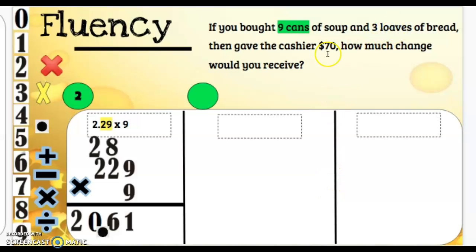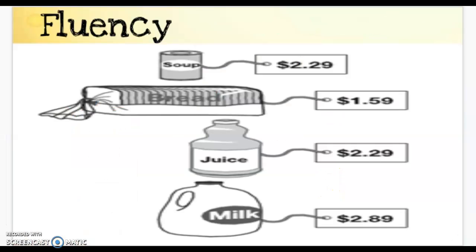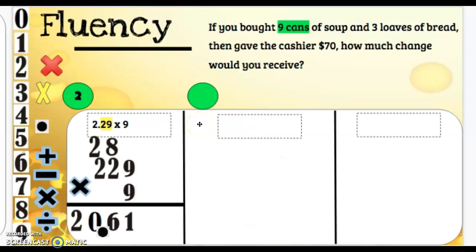Then I bought 3 loaves of bread. Well, loaves of bread cost $1.59. So if I'm doing $1.59 for 1 loaf, and then another loaf is $1.59, and then another loaf is $1.59, that's repeated addition again. So I'm going to multiply again. $1.59 times 3. So first step, rewrite the problem out without decimals.